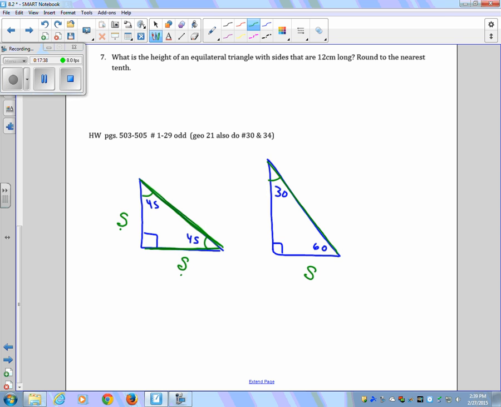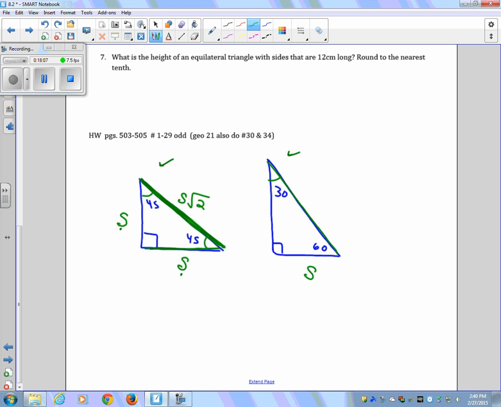Remember that each of these triangles, 45, 45, 90, and 30, 60, 90, they both have one of the sides with a square root in it. So since this is s and s with no square roots, I know that my hypotenuse has to have the square root. So this is s square root of, and if you remember that both hypotenuses have a 2 in them, this is s root 2.